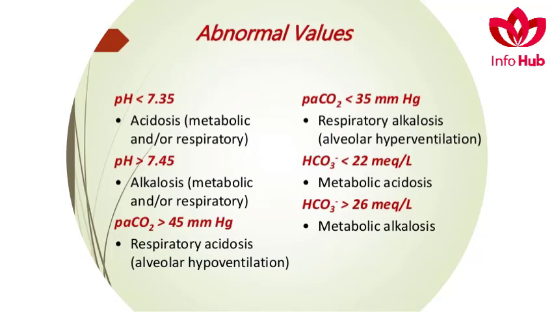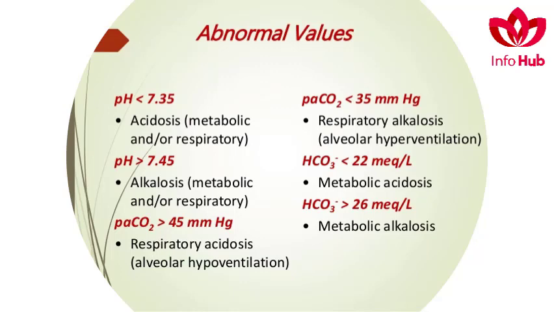Similarly, CO2 is usually generated by your lungs, so it's a respiratory component. We have already discussed the normal values. If it is greater than 45 millimeter of mercury, it is respiratory acidosis. Similarly, if it is less than 35, it is respiratory alkalosis.